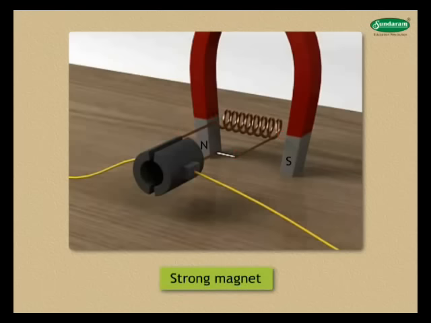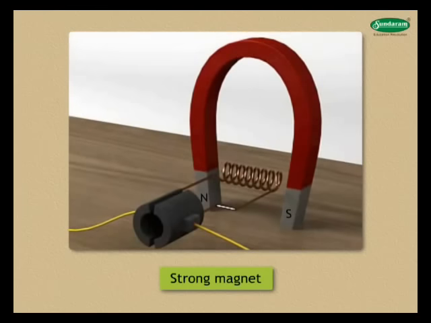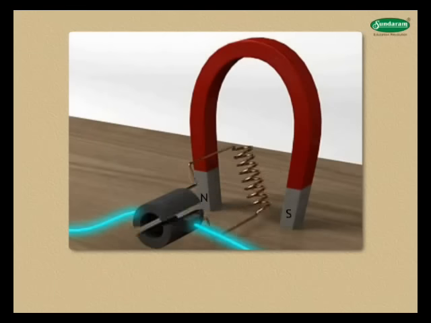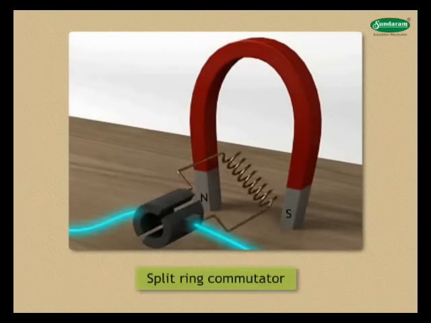Strong magnet. The armature coil is placed in between 2 pole pieces, N and S, of a strong magnet. This provides a strong magnetic field. Split ring commutator. It consists of 2 halves, R1 and R2, of a metallic ring.